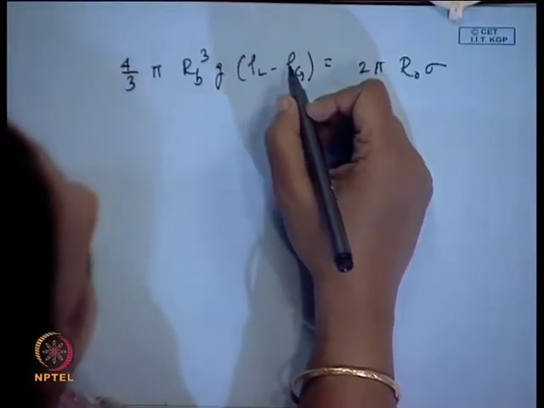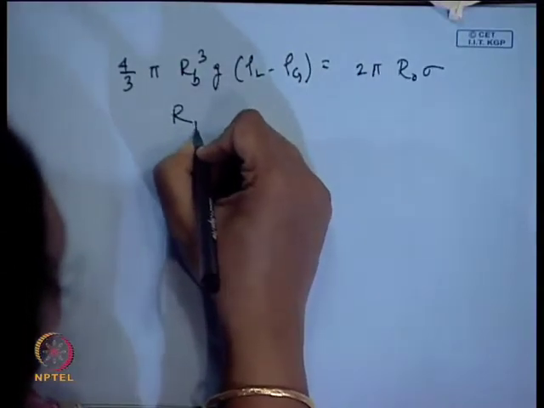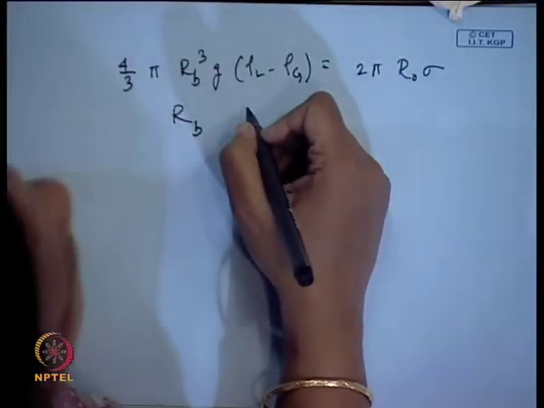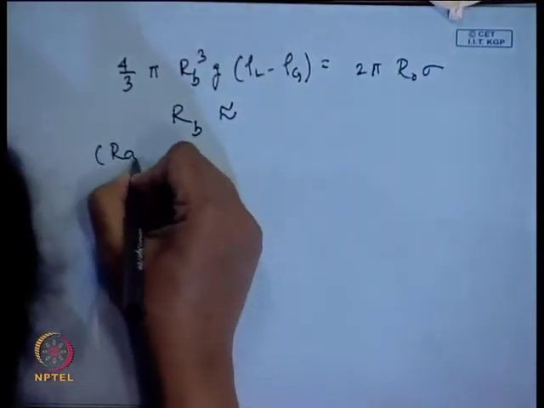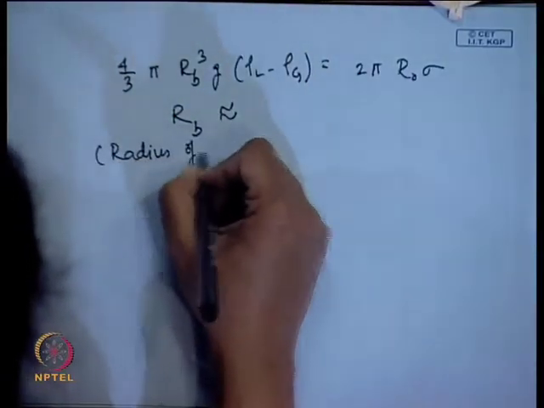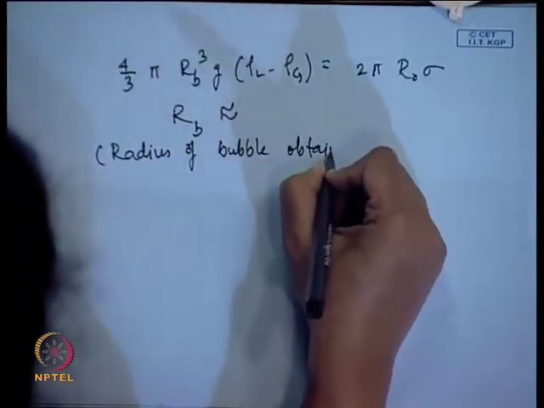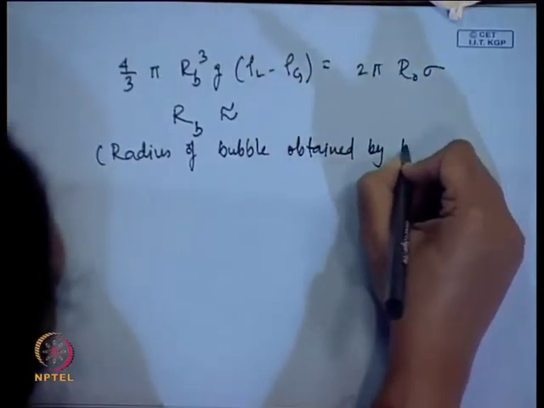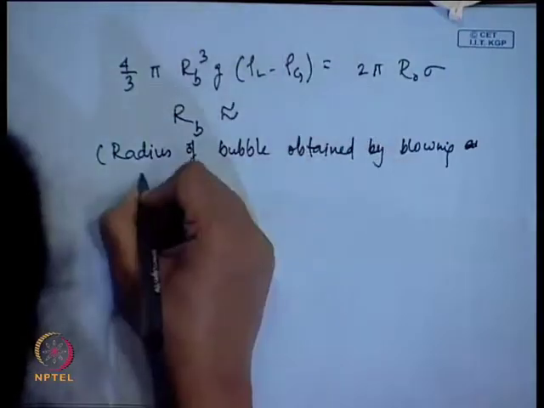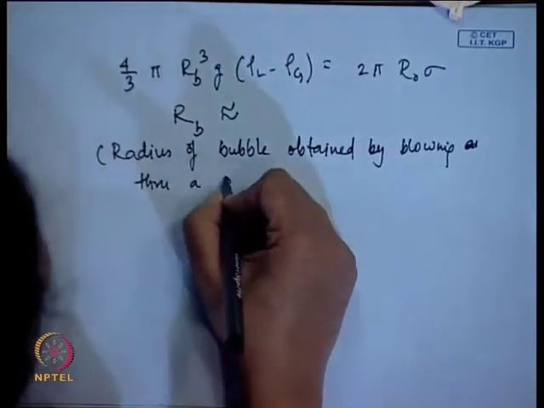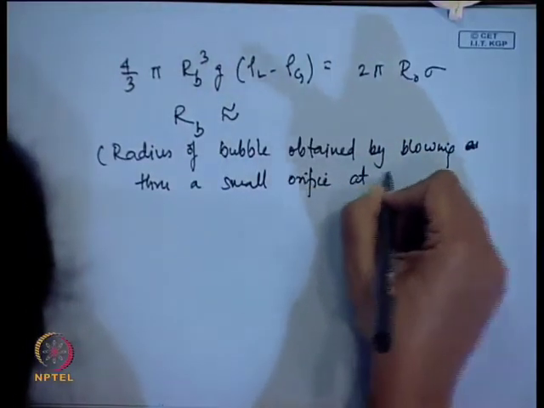Now, from this particular situation we find the radius of the bubble obtained by blowing through a small orifice at low flow rates.